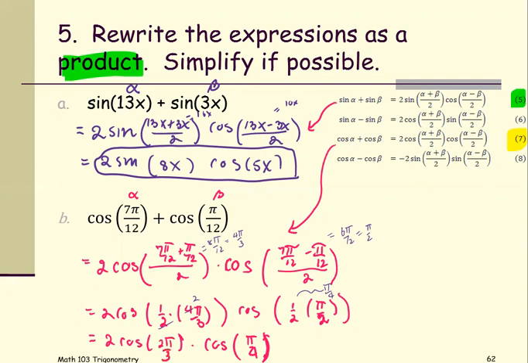So from the side notes, 2 pi over 3, if you prefer to do it in degree form, multiply by 180 degrees divided by pi, this one becomes 120 degrees. Okay, and 120 degrees is in the second quadrant.